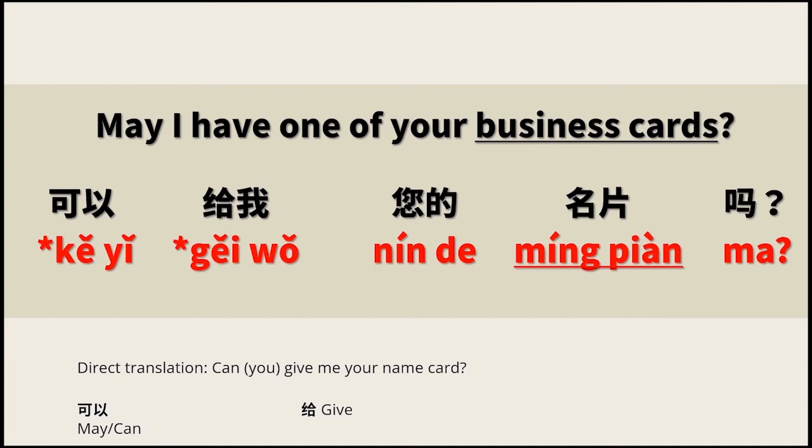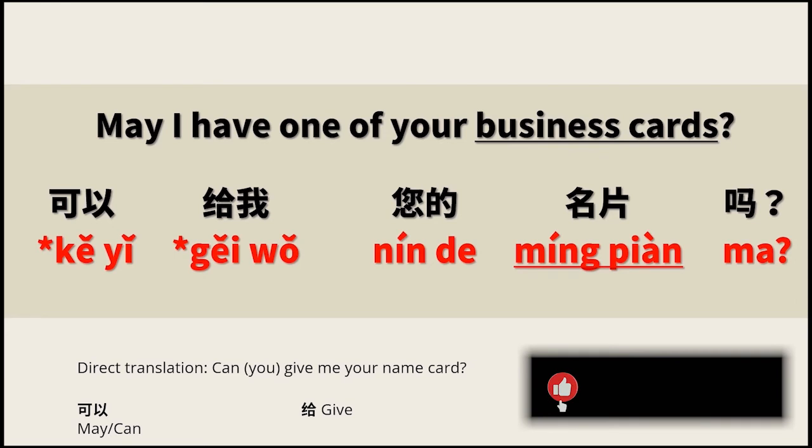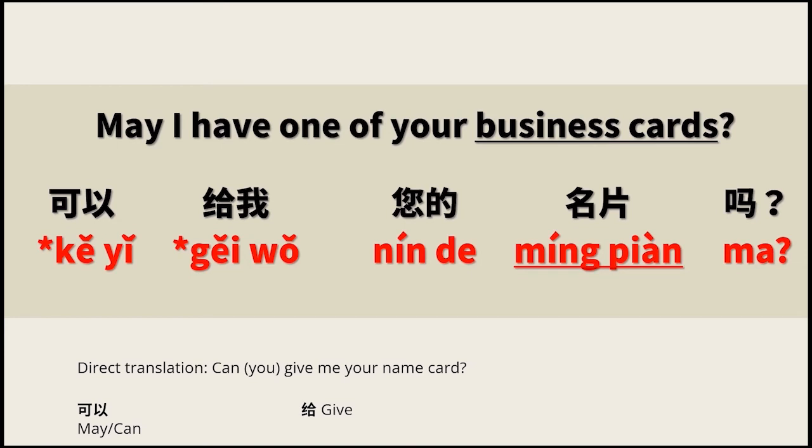In this case, I'm using an honorific form, so that means it's honorable you. 您的, your. 名片, business card or name card. 吗, yes or no. 可以给我您的名片吗？May I have one of your business cards?